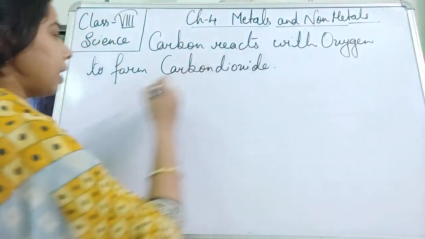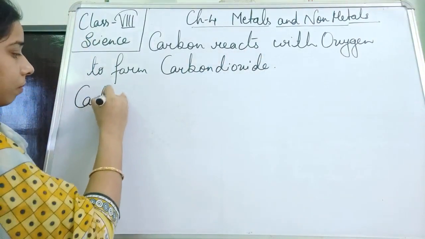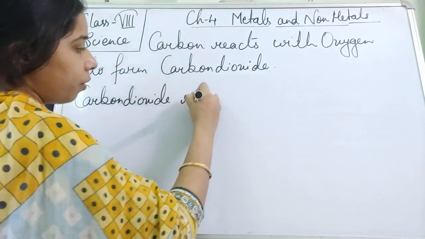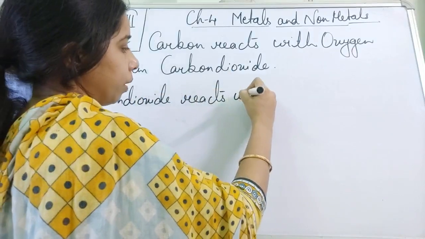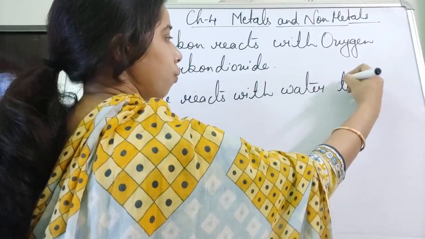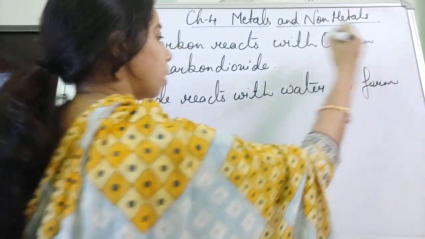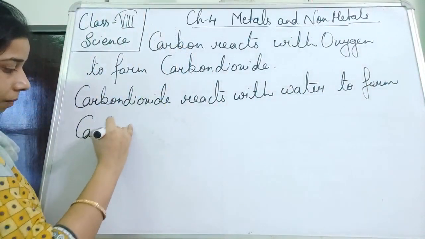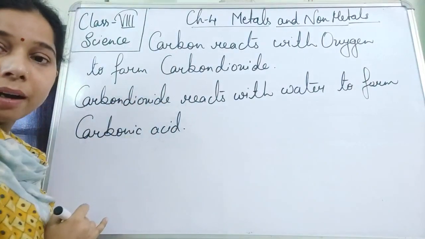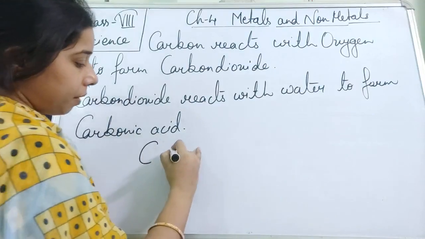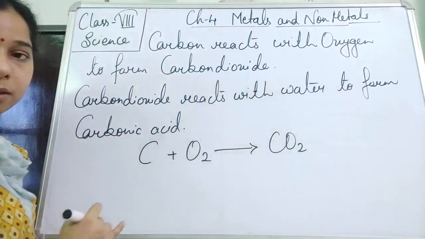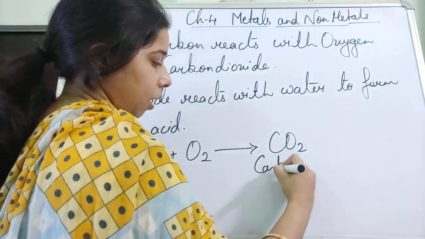Now this carbon dioxide reacts with water to form carbonic acid. So this carbon reacts with O2 to form carbon dioxide gas.